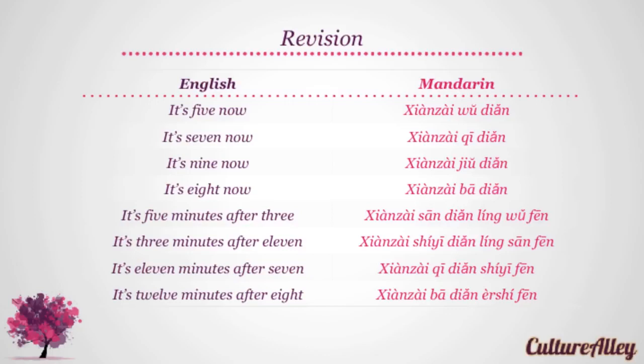Excellent. Now let's review some more phrases. It's 5 now will become 现在5点. It's 7 now will be 现在7点. It's 9 now becomes 现在9点. It's 8 now translates to 现在8点. Moving on, it's 5 minutes after 3 is 现在3点05分.